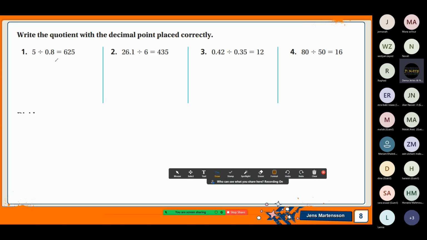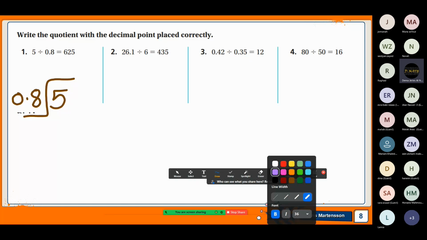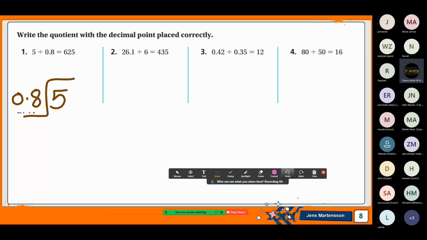What is the first step? We will take a 5. But 5 can't be divided by 8. If we take the 5, we cannot divide it by 8.